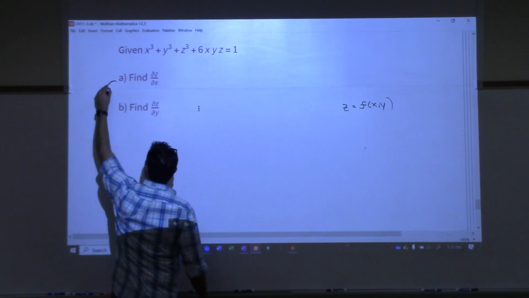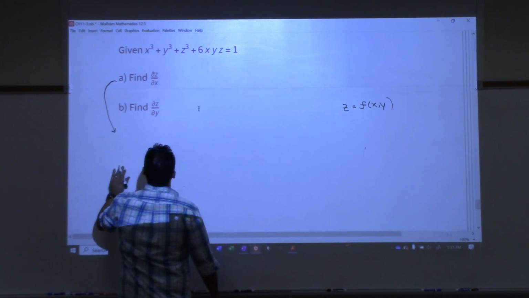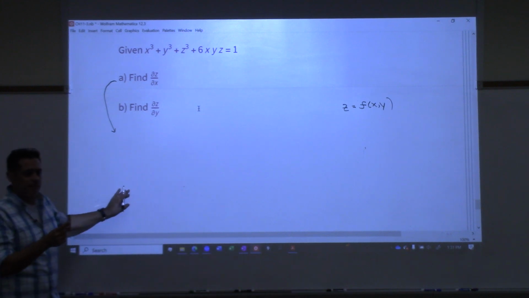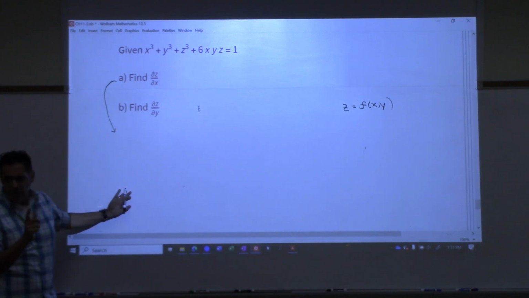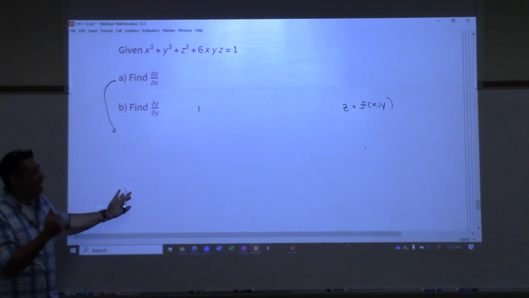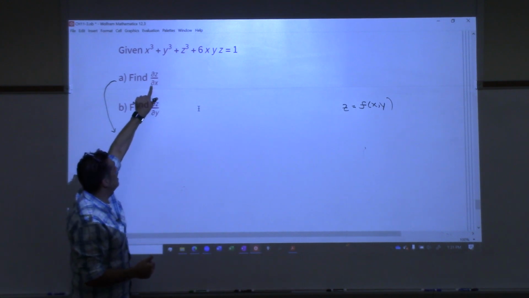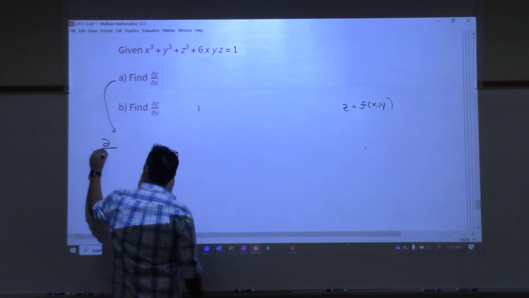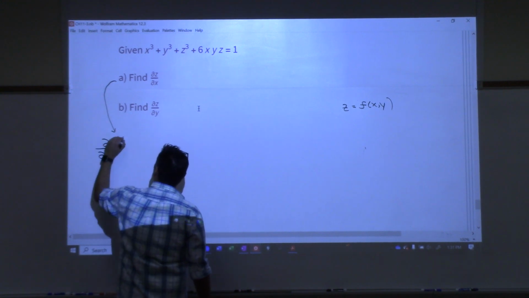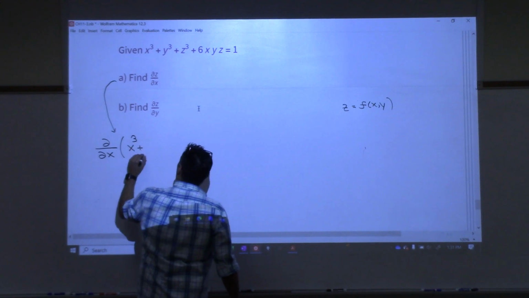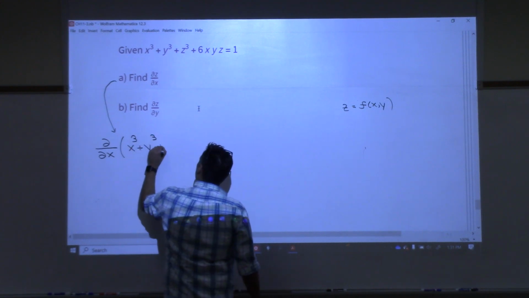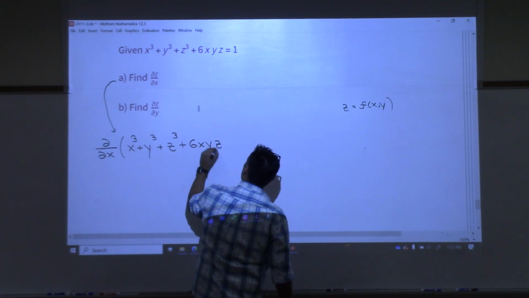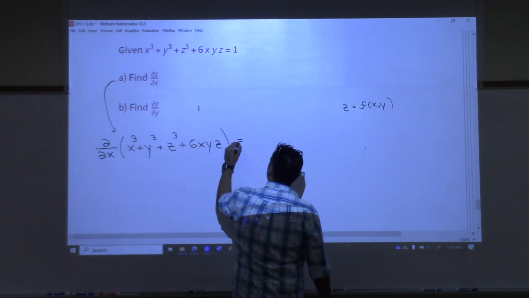Okay, so for part A, what I'm going to do is take that equation and differentiate both sides, partial derivative, right, on both sides with respect to x, because the denominator is with respect to x. So watch me write it down. I'm going to take the partial with respect to x of the left side. Now when we're doing this, please do not lose sight of last class.